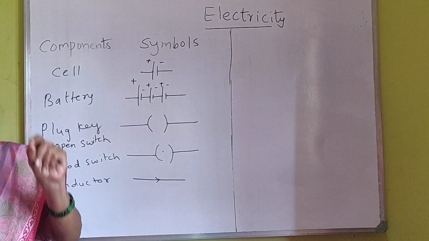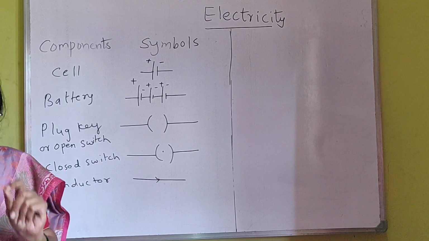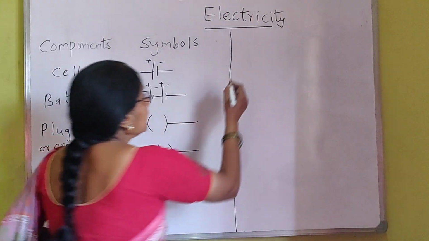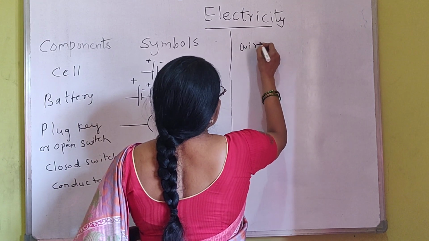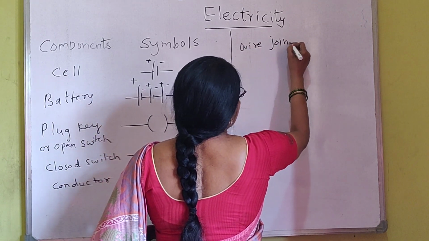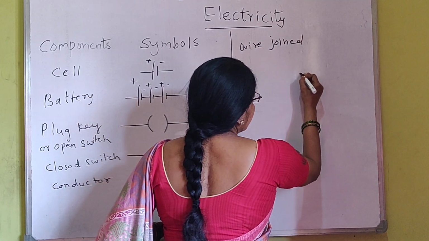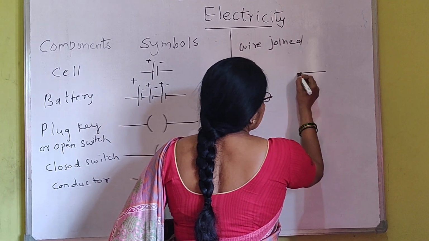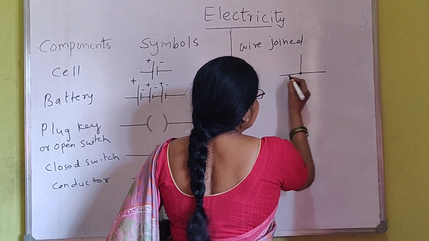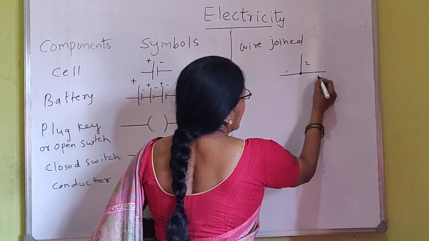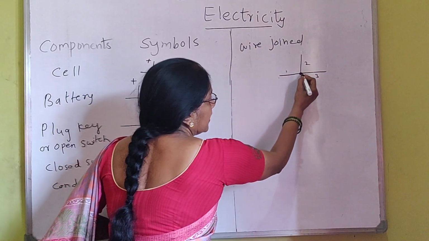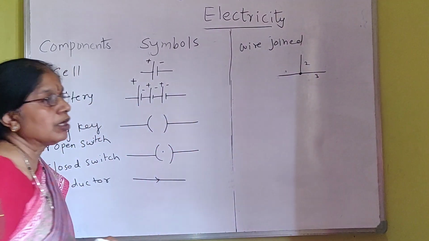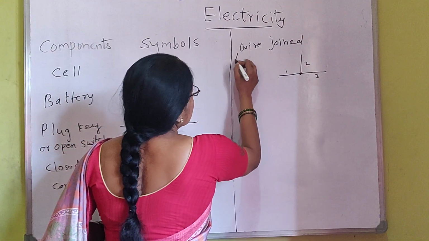How to show the joining of the wires in a circuit? We can show it in this way. You can see here that 3 different wires are connected with each other at a single point. This is called wires joined together.